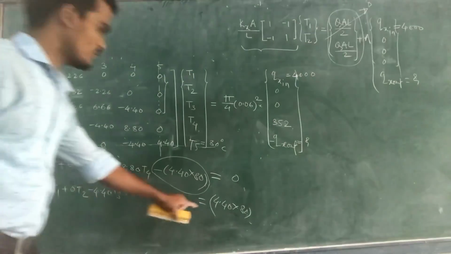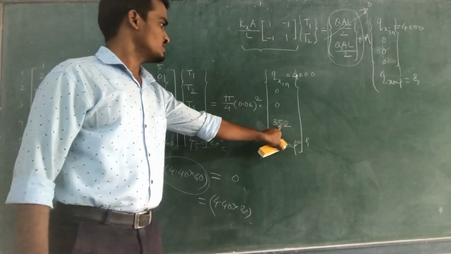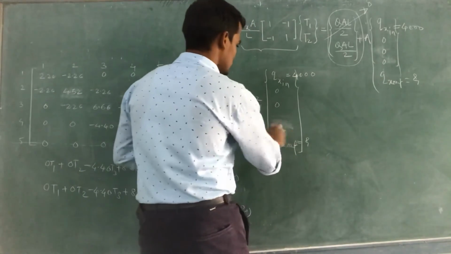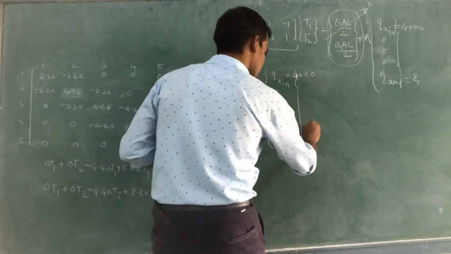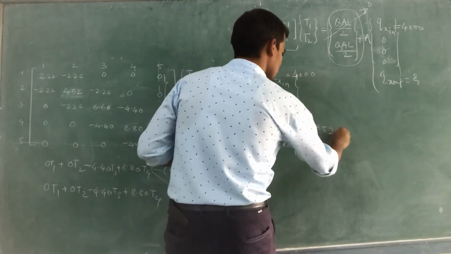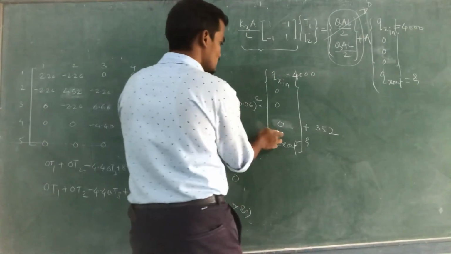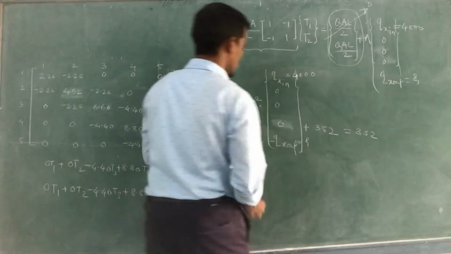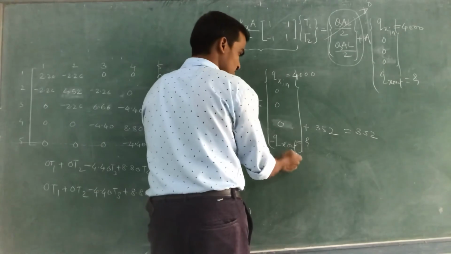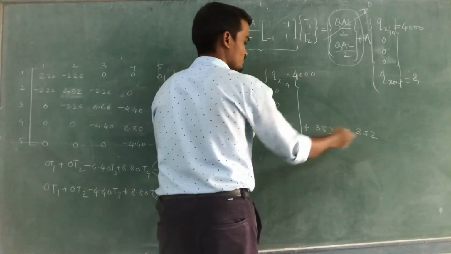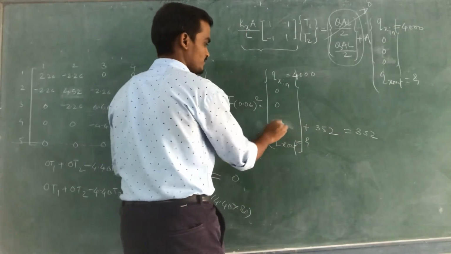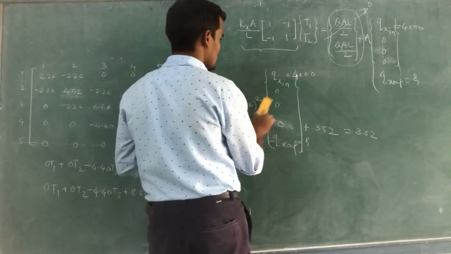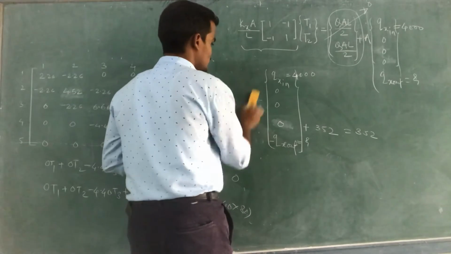Okay, so 4.40 into 80 is equal to 352 instead of this value. Actually first here it is 0, but plus it will become 352. So this 0 plus 352 finally will become 352 because in this equation plus this value for this fourth element also.